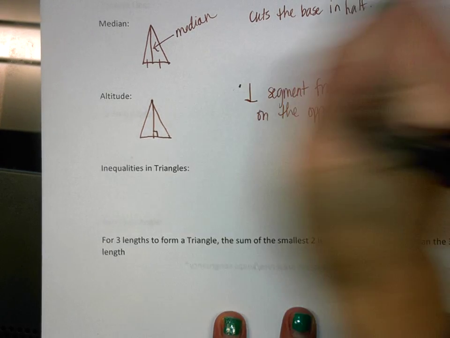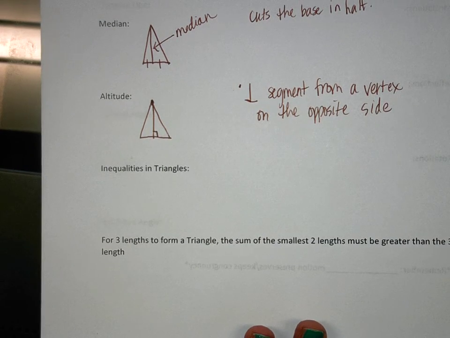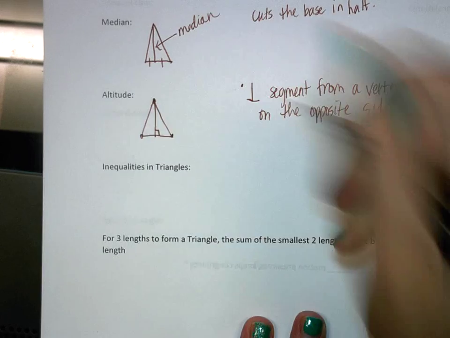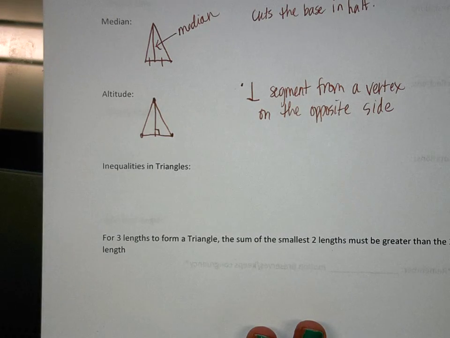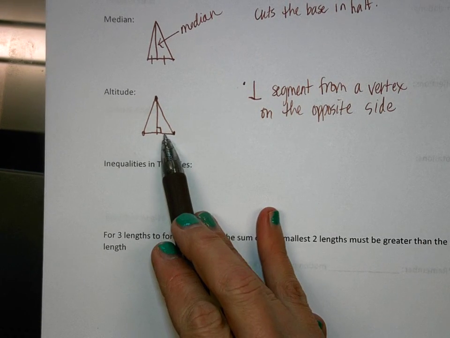And we understand that the vertex is like any point on the triangle, any of the end points here. These are the vertex. So it just makes a perpendicular line, but it doesn't always make equal parts.